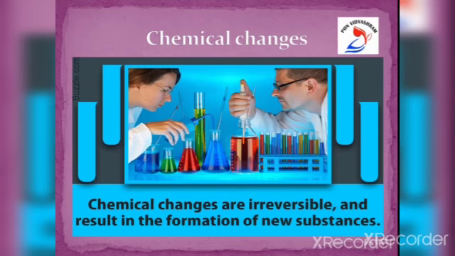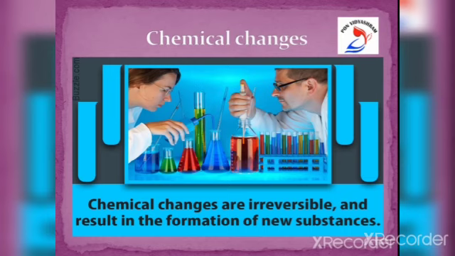A process involving the breaking or making of interatomic bonds and the transformation of a substance into another is called a chemical change, or we can say that it is a chemical reaction. Chemical changes are also known as chemical reactions. The ingredients of a reaction are called reactants and the end results are called the products.